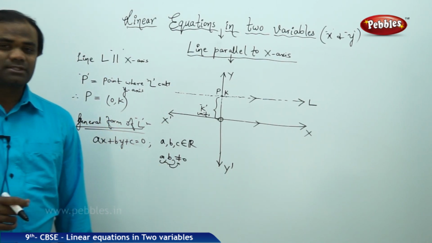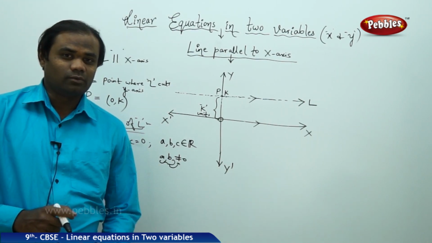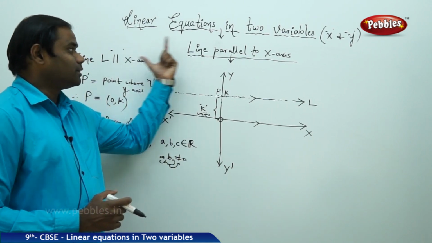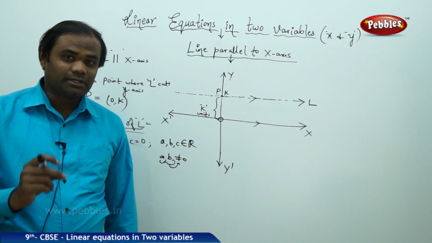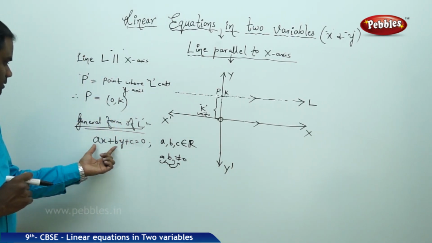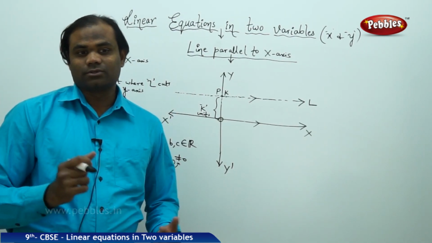This is what we have discussed about the general equation of a line, or linear equation in two variables x and y, which can be represented in its general form as ax plus by plus c equal to 0.